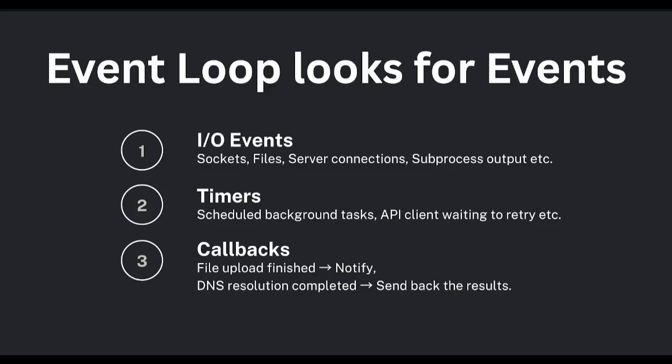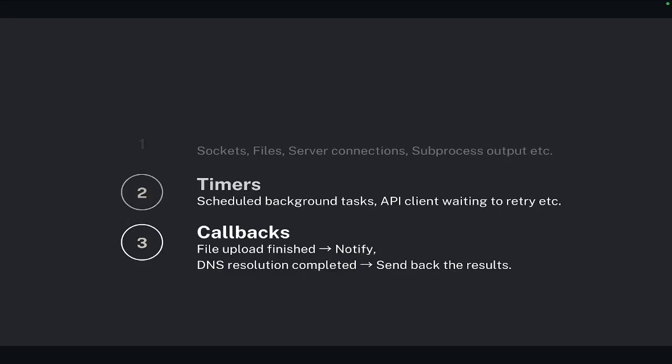The second type of events are timer events, such as an API client waiting to retry a failed request in 3 seconds, or a background task which is scheduled to run every 10 seconds. And the third type of events are callbacks, such as a file upload finishes and you must notify the user.